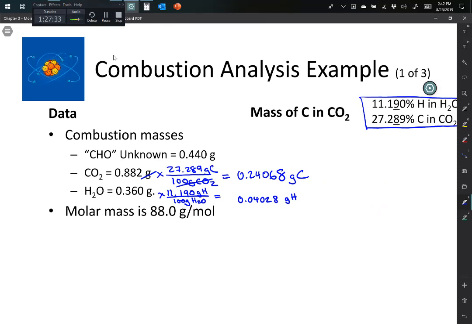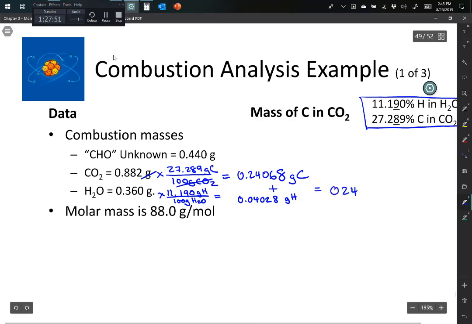We add those two together, and then tell me what you get. 0.28096. Is that what you said? Yes. That's the grams of the hydrogen plus the grams of the carbon, right?